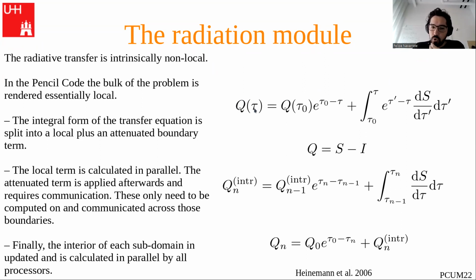So Q here is cooling, tau is optical depth, S is a source function, and I is the intensity. There is only one part that requires communication, which is related to the boundary conditions, and also this Q0, which is the initial condition of the rays.